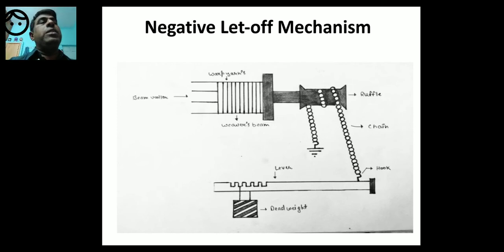Third point is by altering the number of turns of chain around the ruffle.